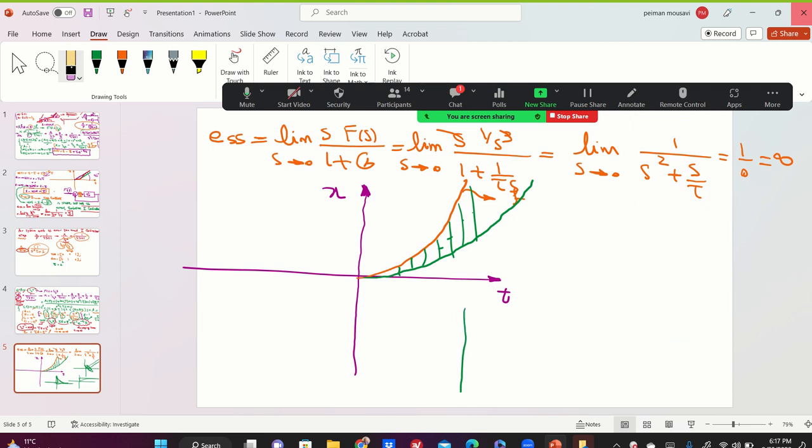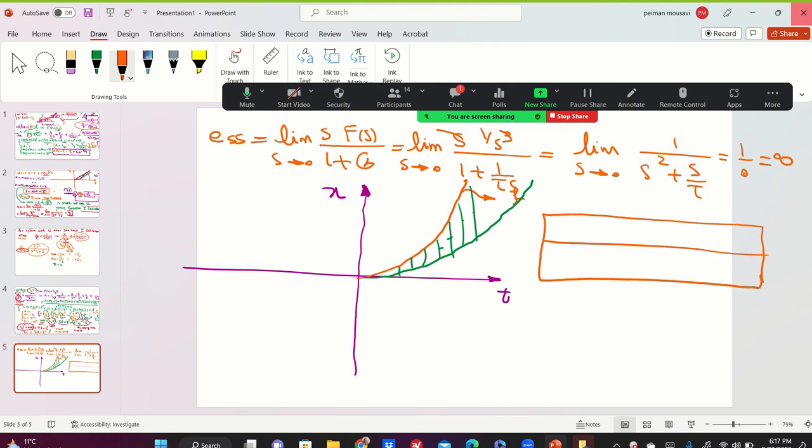Before going to MATLAB and simulating in the next class and plotting this, now I'm going to make a table for summarizing what I taught you about the first order system. Here is ESS, here is impulse, unit step, ramp, and parabolic.